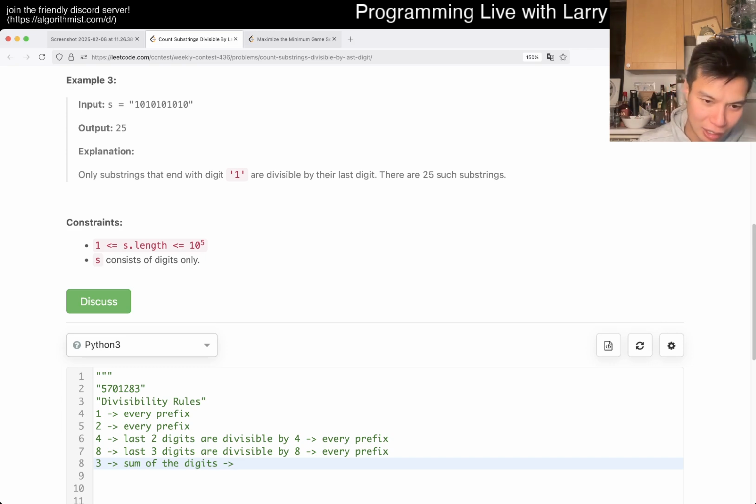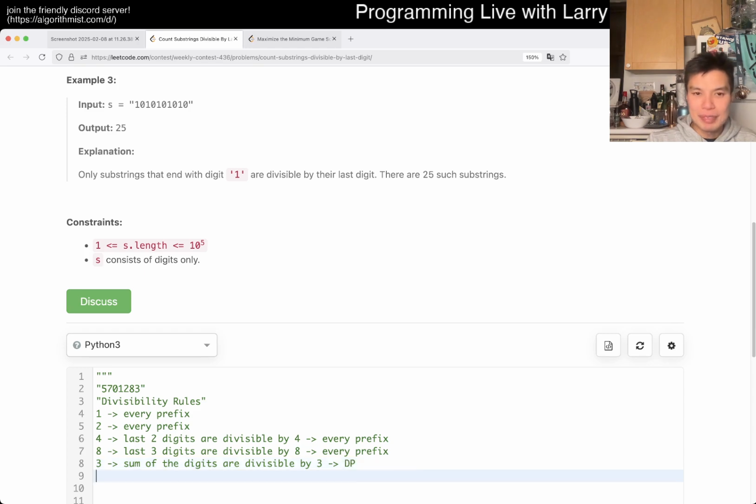The sum of the digits is divisible by 3. I didn't do it this way, so maybe this part is a little bit hand wavy, but this DP for the sum of digits divisible by 3 should be easier than what we're doing later anyway.